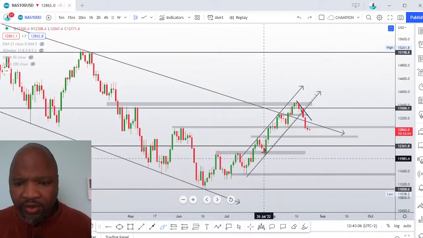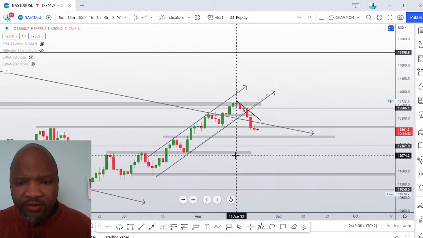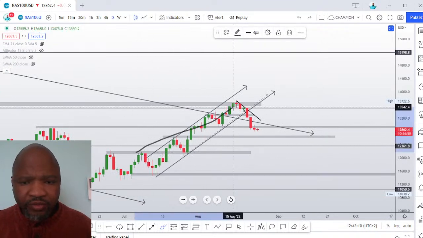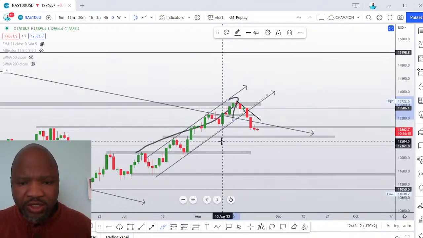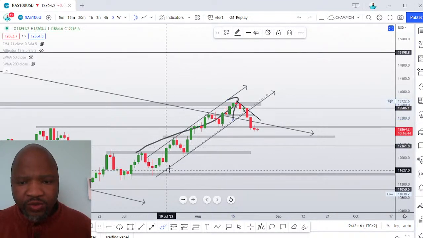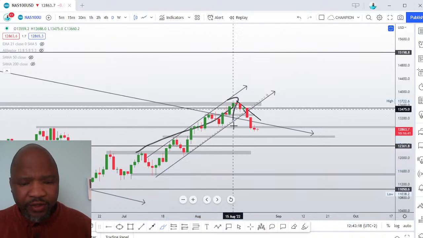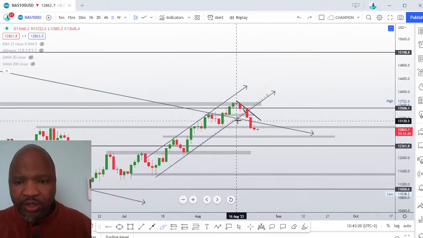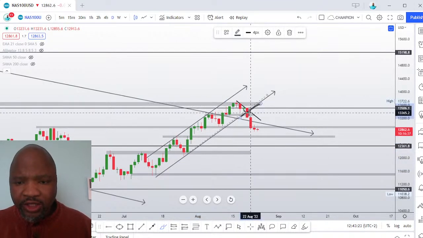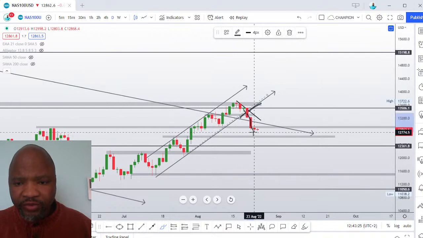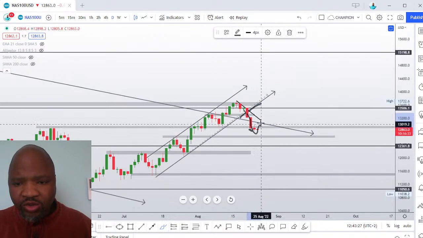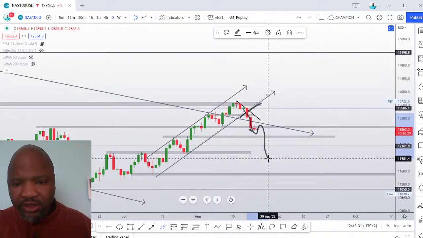We can see that we had a bullish trend. This is the daily, where the price was bullish and eventually ended up breaking our trend at this level and pushed towards the downside. So we're going to look for the retest and continuation of selling.